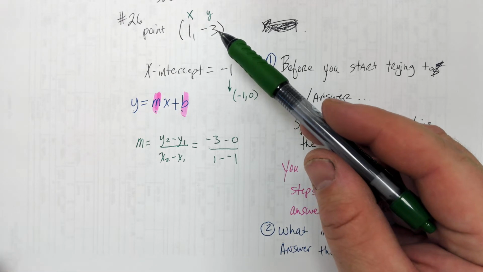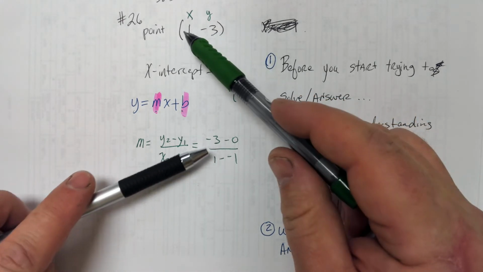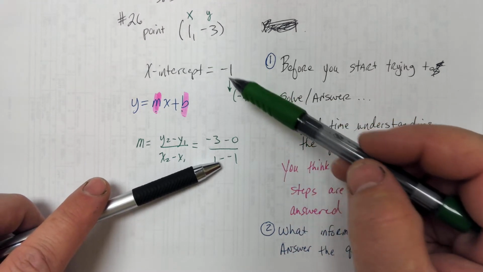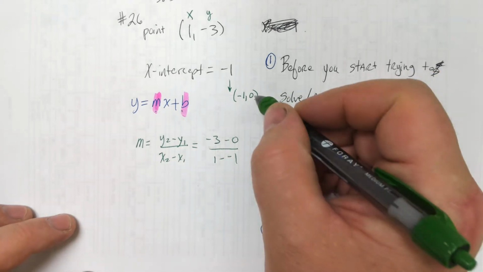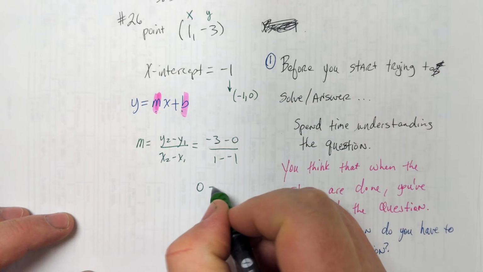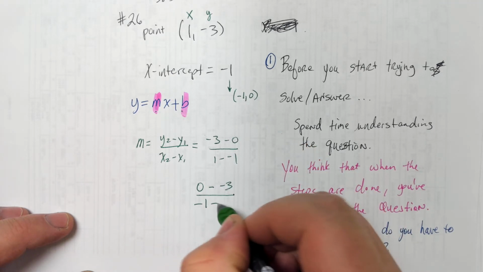So 3 first, minus 0, and then 1 minus -1. It doesn't matter which way you do it. Watch, I'll do it the other way. So this one first: 0 minus -3 over -1 minus 1.